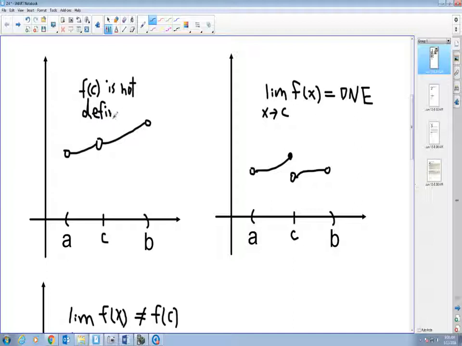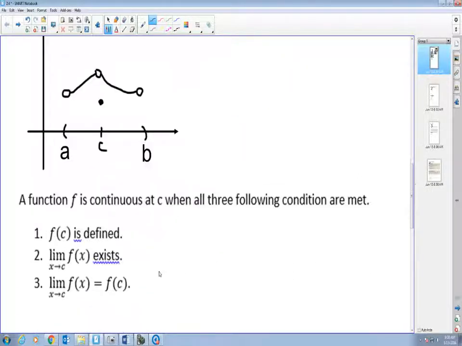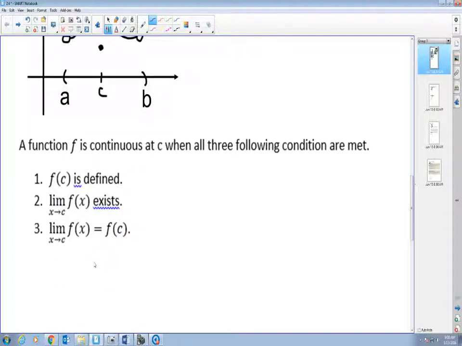Number two, the limit of the function as x approaches c has to exist. And number three, the limit of the function as x approaches c has to equal f of c itself. These three conditions must be met for us to say that f is continuous at c.